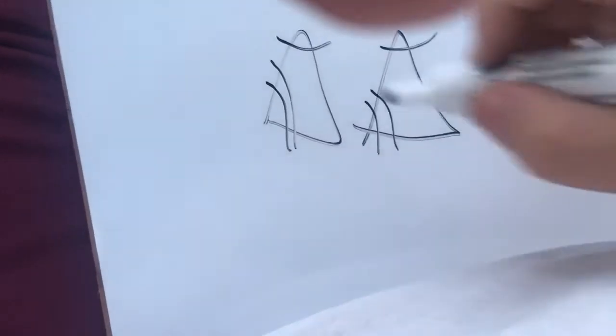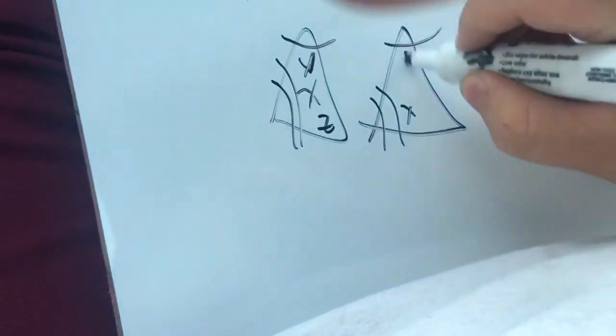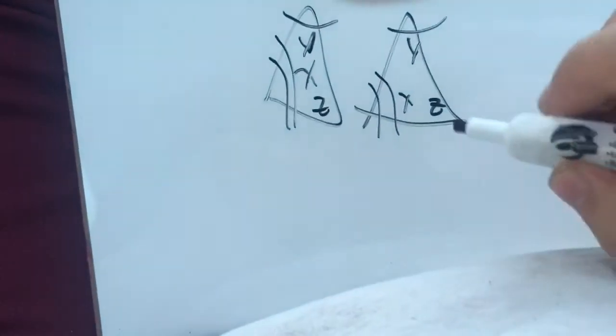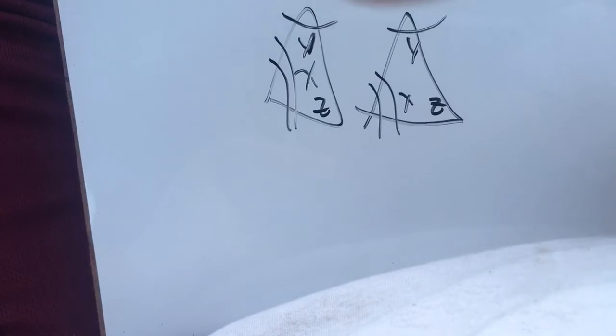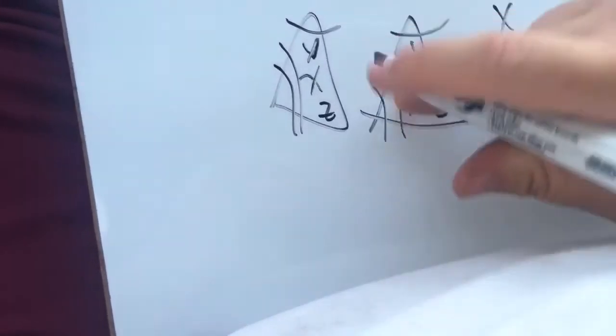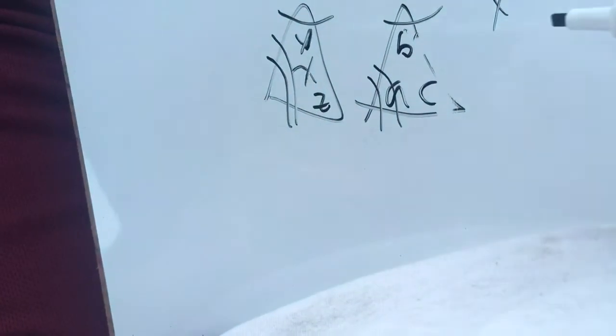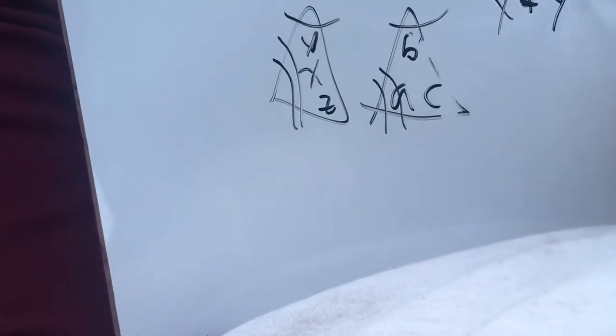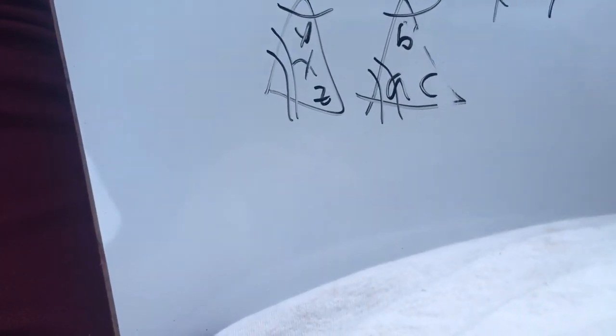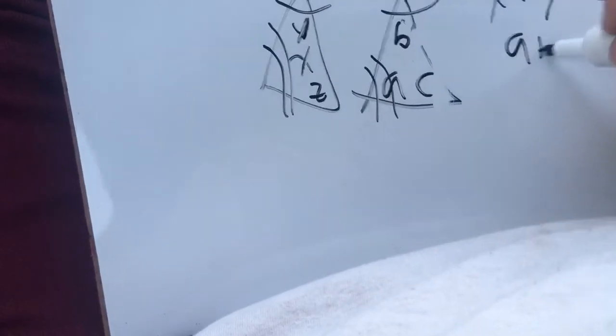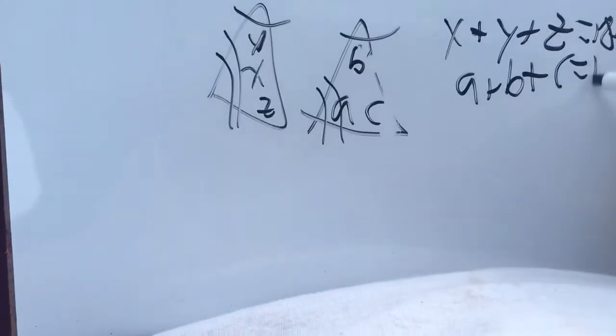But they are similar. You know that because, let's say these are X, Y, Z, and let me relabel these A, B, C. X plus Y plus Z is equal to 180. A plus B plus C is equal to 180.